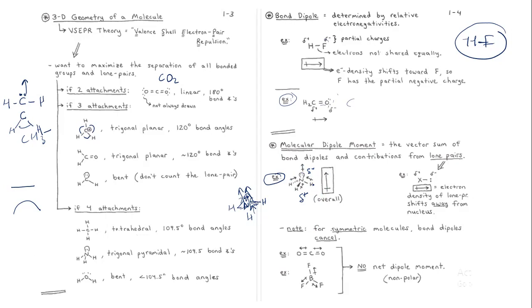Now, this molecule over here is different from that molecule for this reason. Here we have what we call symmetrical molecules. When you talk about symmetrical molecules, you're talking about molecules that have an equal distribution of electrons. Carbon here has equal distribution of electrons on this side and on this side.